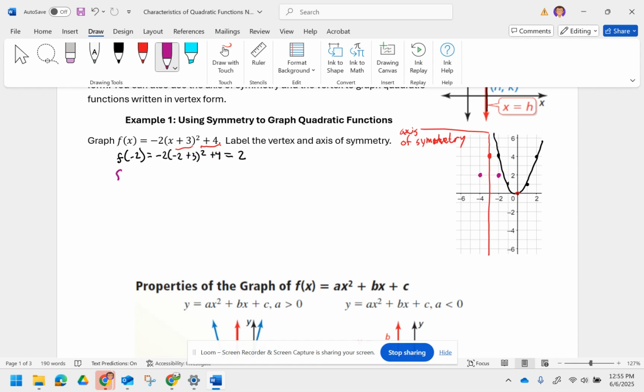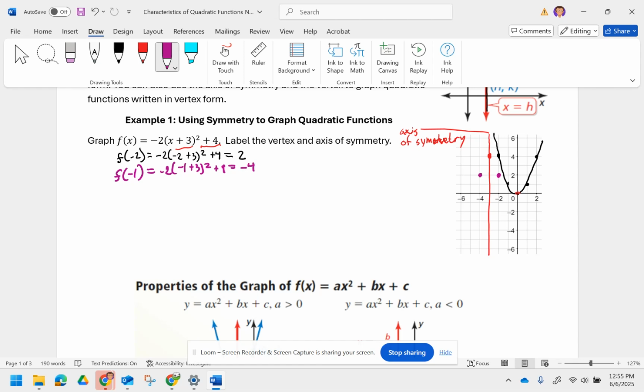Okay, let's do another number. Let's do -1. So -2 times -1 plus 3 squared plus 4. -1 plus 3 is 2, squared is 4, times -2 is -8, plus 4 is -4.